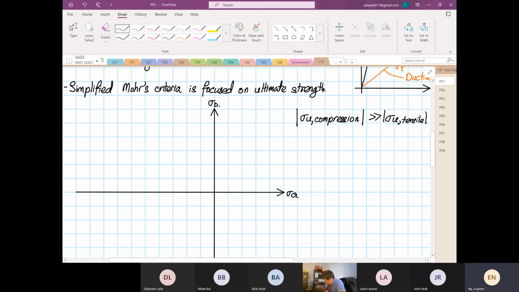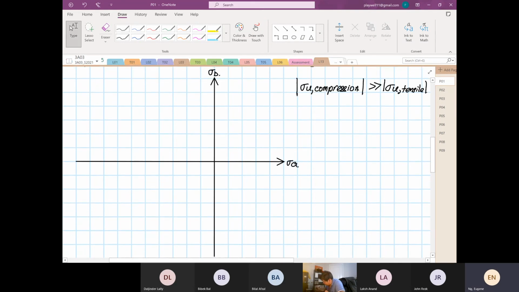So now, if we were to look into this diagram, how does Mohr's criteria look like? So over here is the ultimate tensile, right? So these are positive. Okay, so they're in tension. And then you have negative.